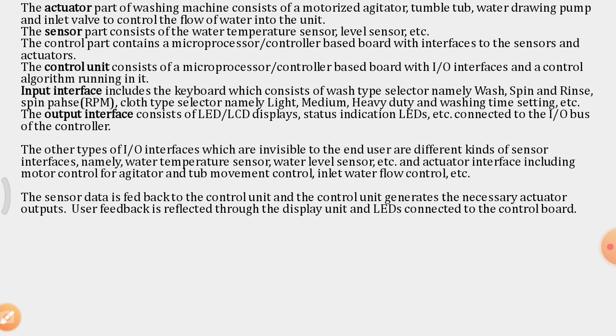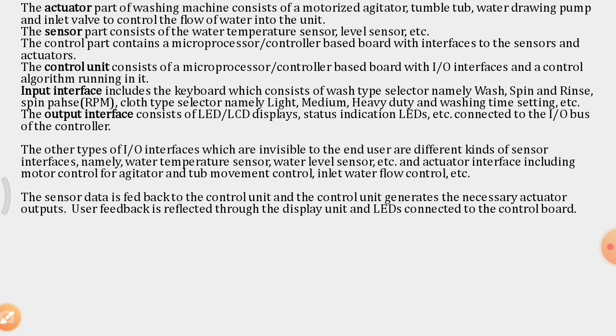The other types of input output interfaces, which are invisible to the end users, are different kinds of sensors. These sensors are not visible, like the water temperature sensor, which always checks and displays on the LCD screen, and a water level sensor, etc. And there is the actuator interfacing unit: motor control for the agitator, tub movement control for rinsing the clothes, as well as inlet water flow control.